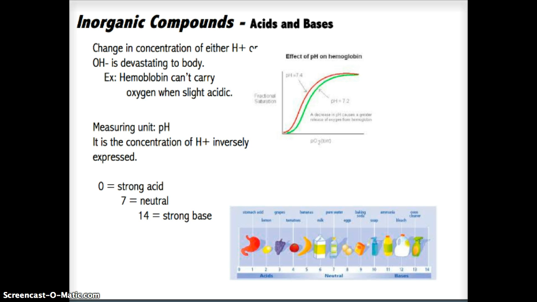We measure the acidity by measuring pH, which is an inverse proportion of hydrogen ion concentration. A 0 indicates a very strong acid, a lot of hydrogen ions. And 14 means there are a lot of hydroxyl ions in the solution, a strong base. 7 is the neutral number.